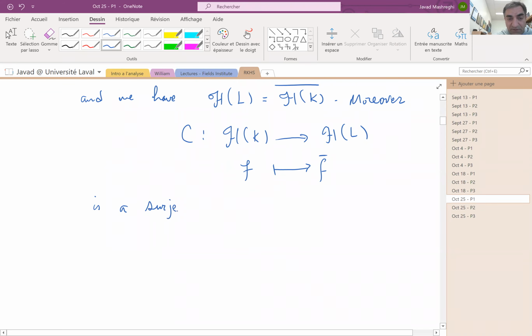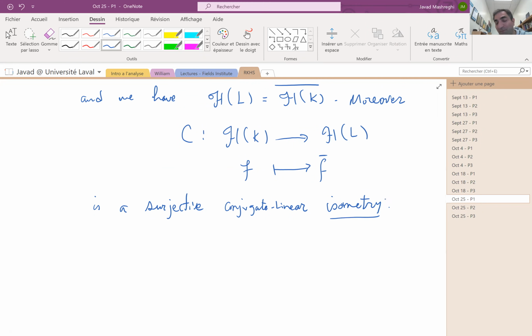Surjective is kind of trivial from the definition. Conjugate linear is also kind of trivial from the definition, but the isometry part has to be verified. You shouldn't just say that the norm of f is equal to the norm of f bar.